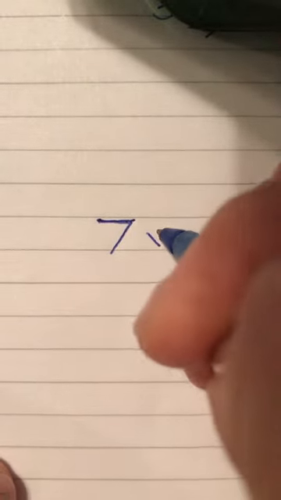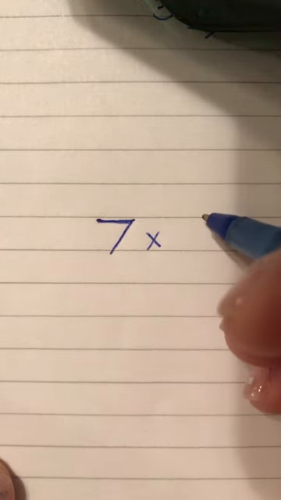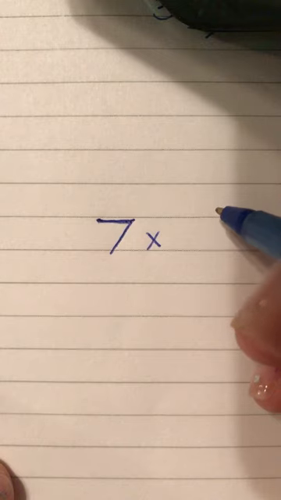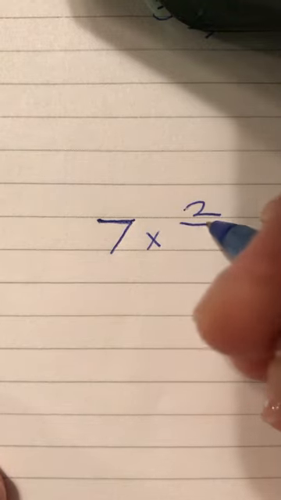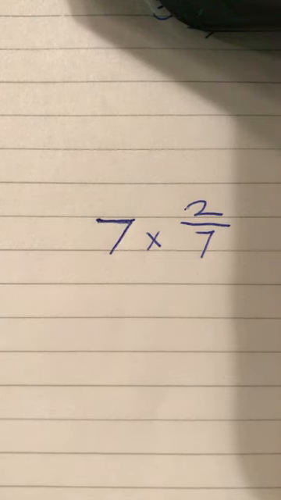So let's say I have 7 chocolate cakes, and each of them has only, let's say, 2/7 of each cake left.